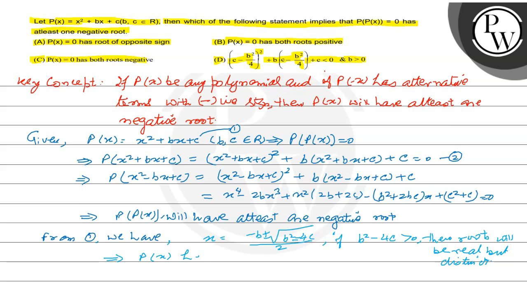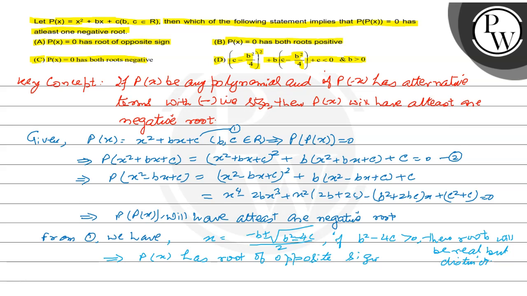So I am writing here that P(x) has roots of opposite sign. If this is equal to 0, then both the roots will be equal.